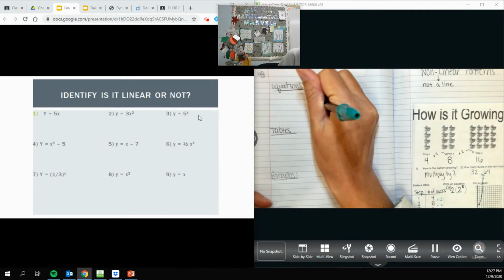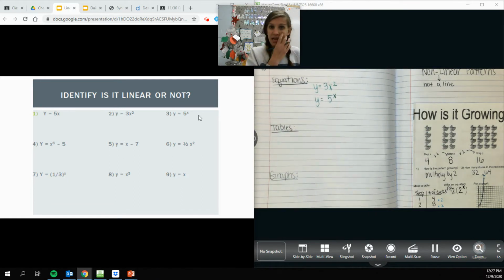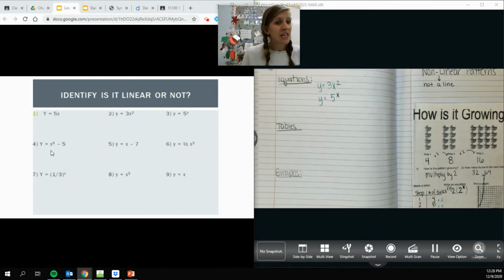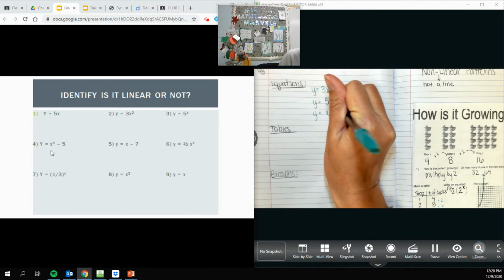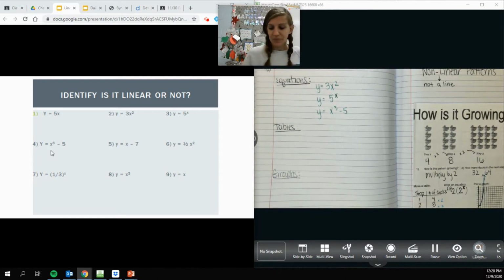That's another good example of not linear because x is up in the exponent. The next one, number 4, y equals x to the 3rd minus 5, not linear. X cannot have a power. If it has a power, it's not linear. It's all about that x, baby. Got to be looking at x.